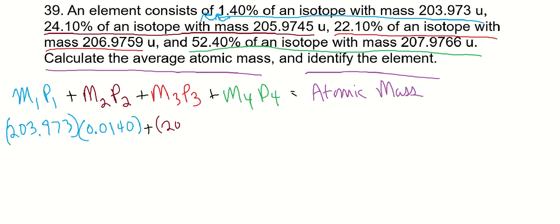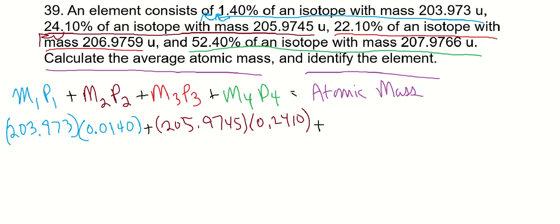Second isotope has a mass of 205.9745. Its relative abundance is, move that decimal over twice, 24.10%, is 0.2410.